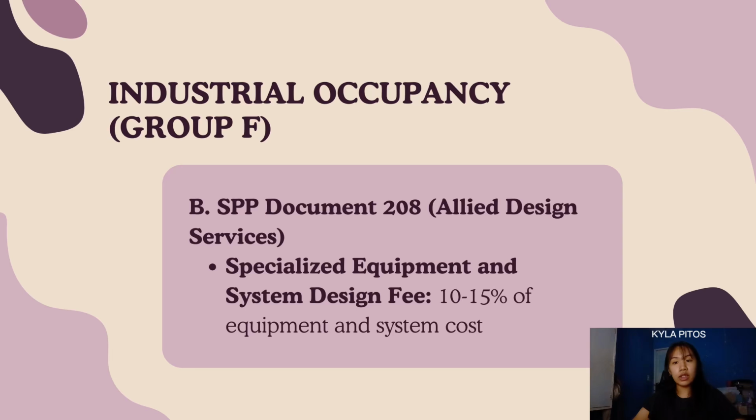As for its SPP Document 208, which are the aligned design services, this includes the specialized equipment and design fee, or system design fee. It is about 10 to 15% of equipment and system cost, which applies to the design of specialized equipment layouts and systems such as HVAC, process piping, and other industrial systems.